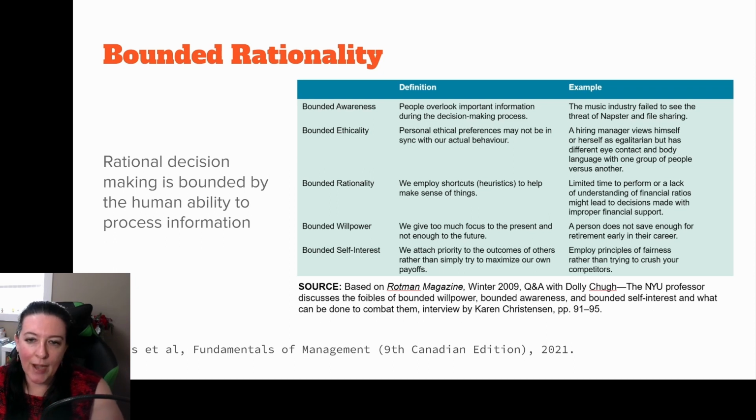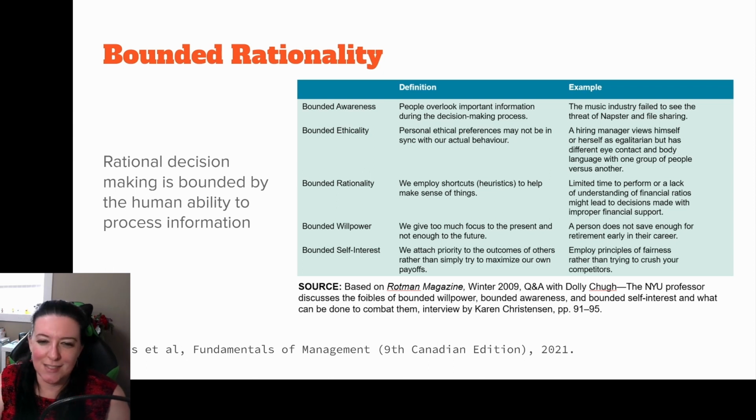We are constrained by our human abilities to process information. So what constrains you in your decision making? Well, your awareness. You may not know what else is out there. You might be bound in terms of personal ethics and preferences.